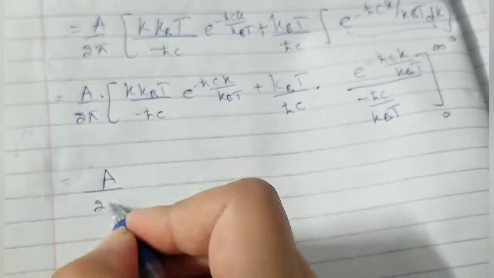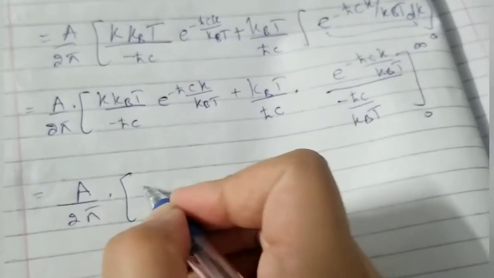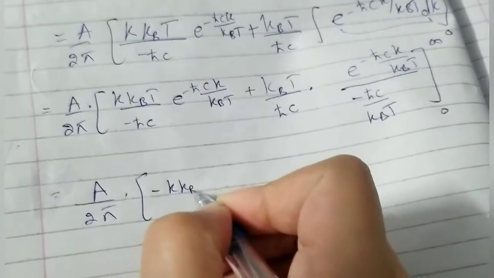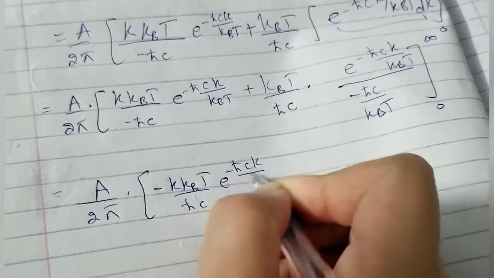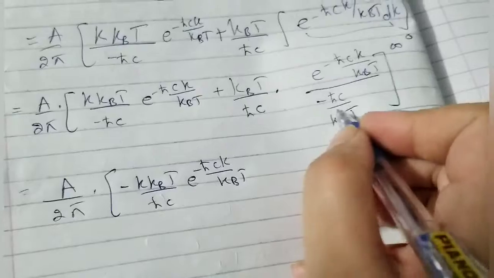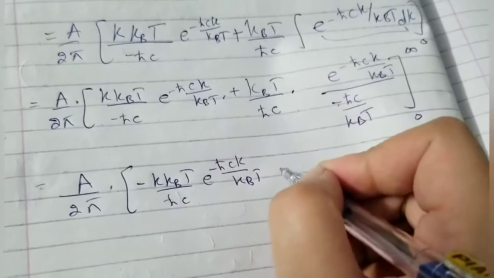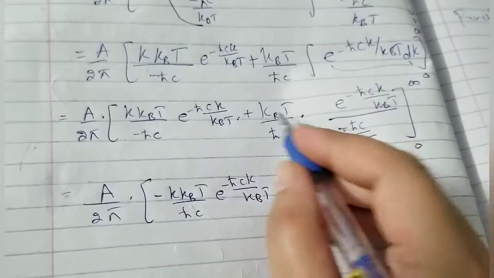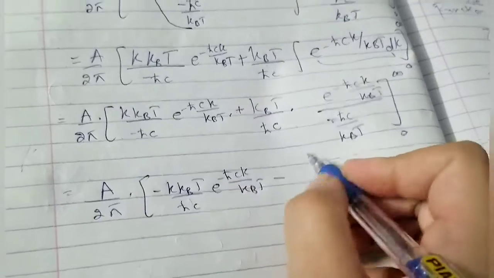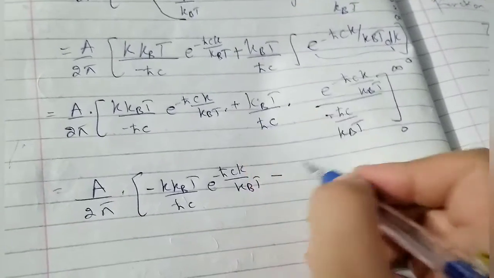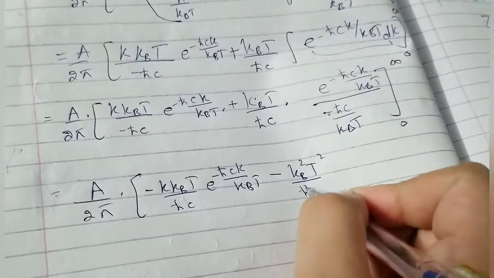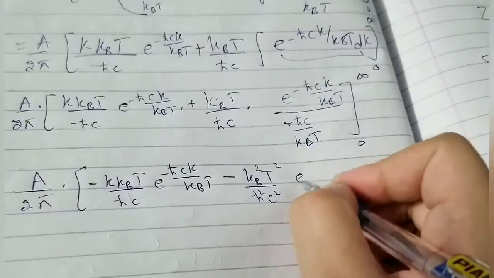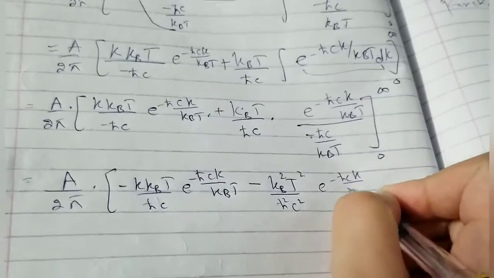A by 2π, we have minus k k_B T by ħc, e to the power minus ħc k by k_B T. This minus and minus becomes plus, and this minus and plus becomes minus. k_B T multiplies in the numerator, k_B squared T squared by ħ squared c squared, e to the power minus ħc k by k_B T.